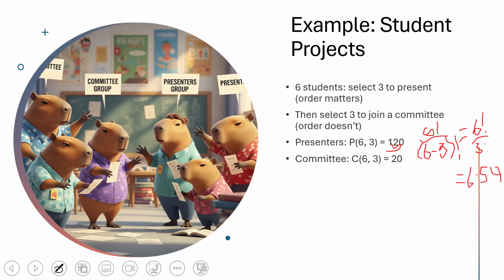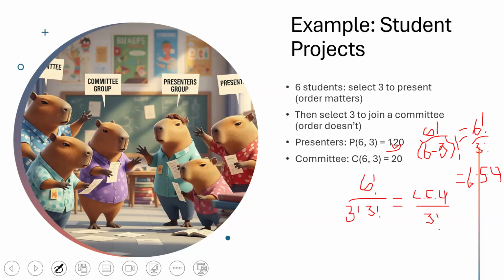For the committee, though, right, this is a combination. I'm doing 6 choose 3. So 6 factorial over 3 factorial, and then I'd have 6 minus 3 factorial. So again, another 3 factorial. Again, the 3 factorials can cancel. And I would have 6 times 5 times 4 over 3 factorial.